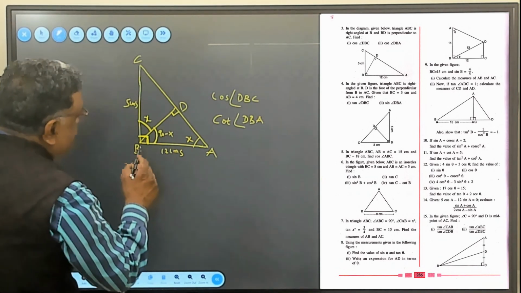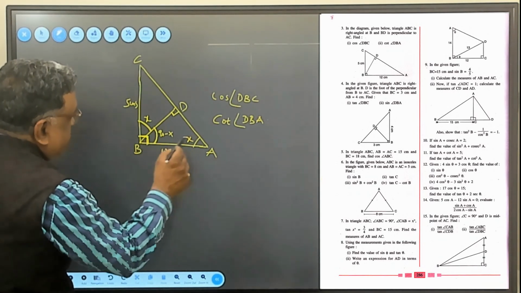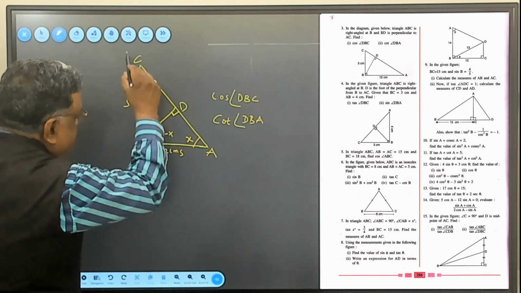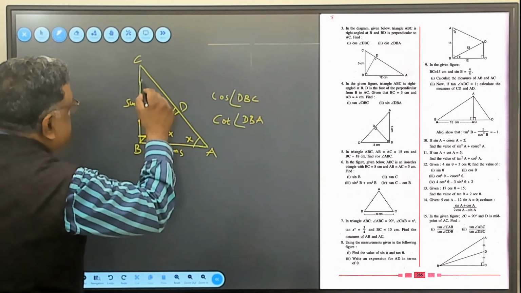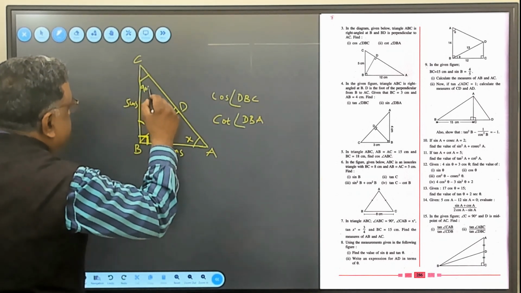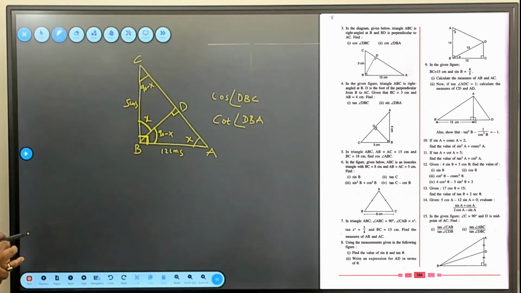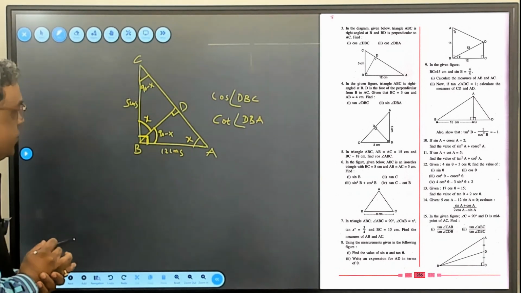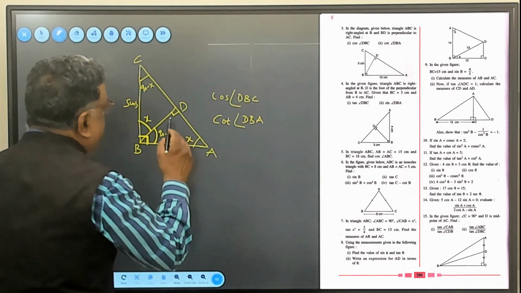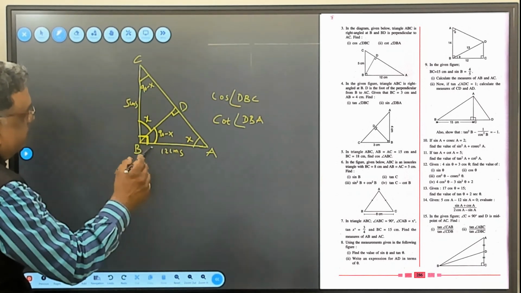Now again in triangle ABC, if this is 90 and this is X, so this will be 90 minus X. Is it clear?